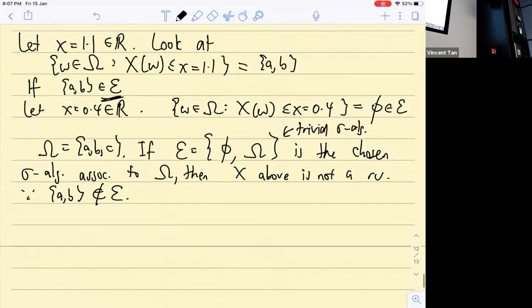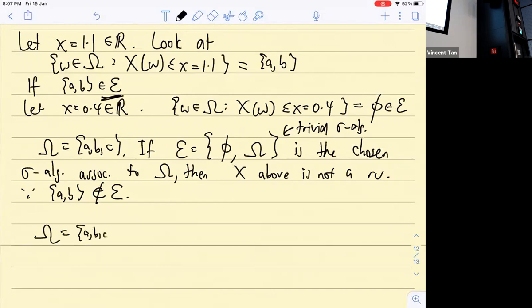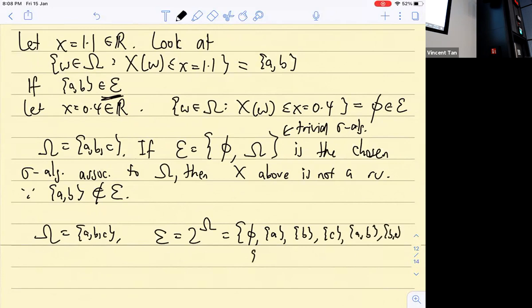However, if omega is as usual ABC, and E is equal to the power set of omega, this means the empty set, all the singletons, all the pairwise sets, and there's only one triplet, which is equal to the full set. So this is a sigma algebra.